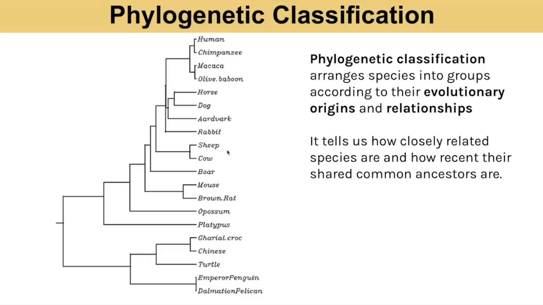Phylogenetic classification is another way to look at how closely related different species are, and also how recent their shared common ancestors were. Phylogenetic classification is arranging groups according to evolutionary origins and relationships.